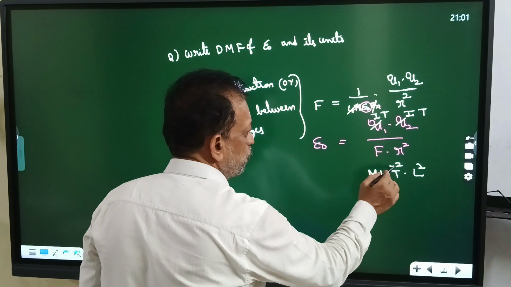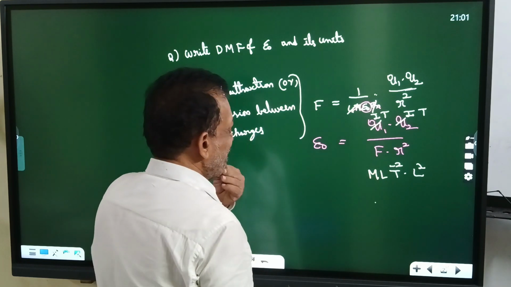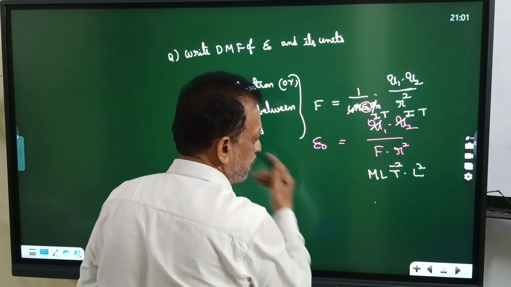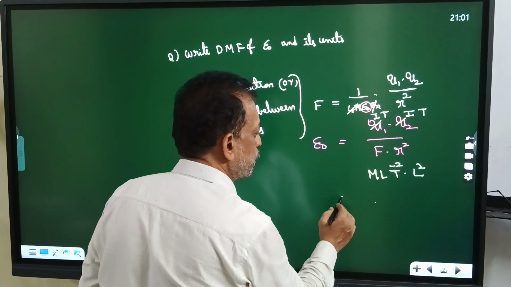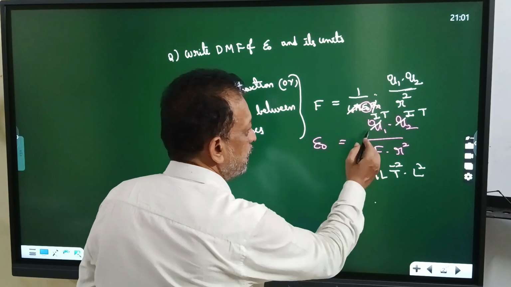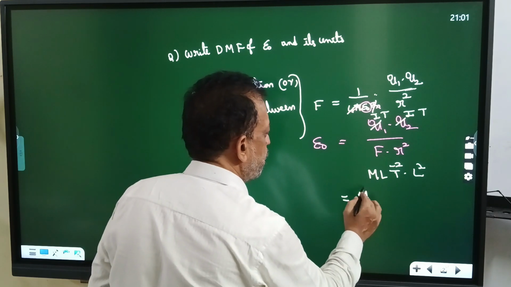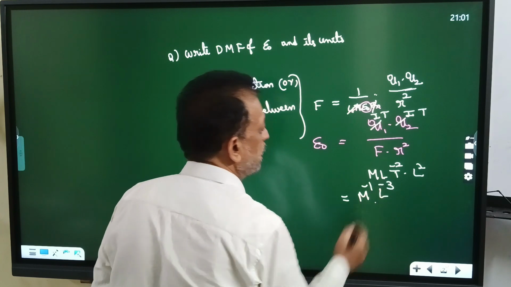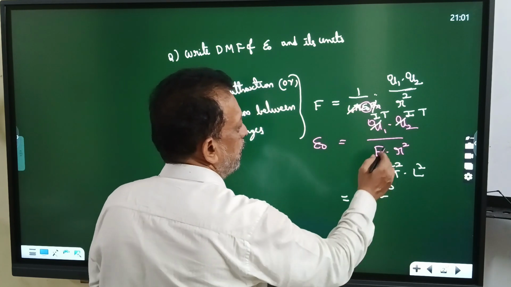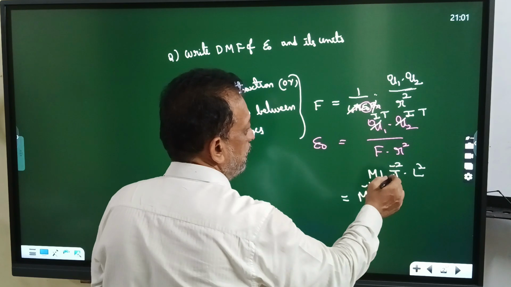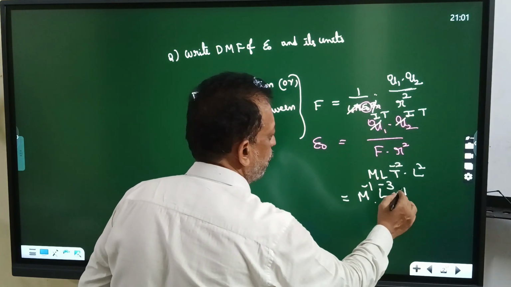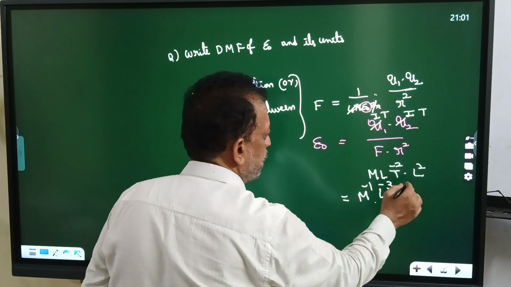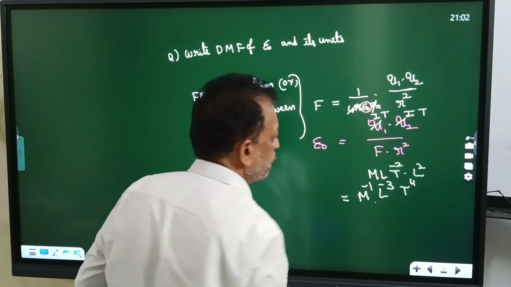If you take it to the numerator it becomes plus 2, then I can rewrite this as M to the power of minus 1, L into L square, L to the power of minus 3. Now the remaining time: if you take T to the power of minus 2 to the numerator, it becomes plus 2, then T to the power of 4. So this is the DMF.